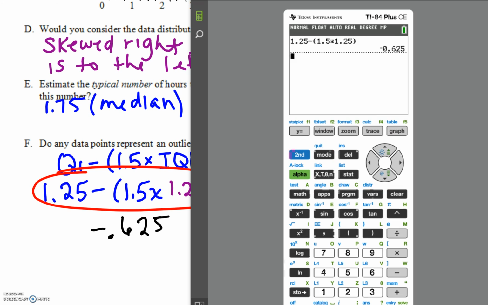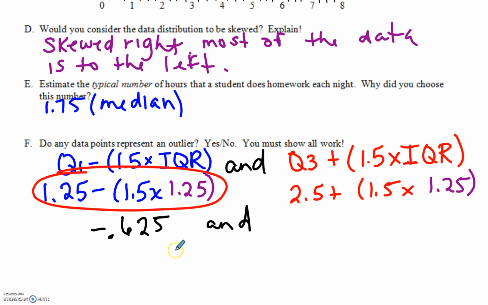And now I'm going to take the right-hand side, 2.5 plus, so Q3 plus 1.5 times our IQR. And then hit enter, 4.375.